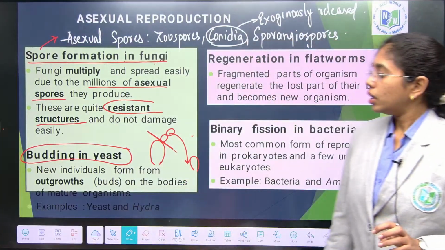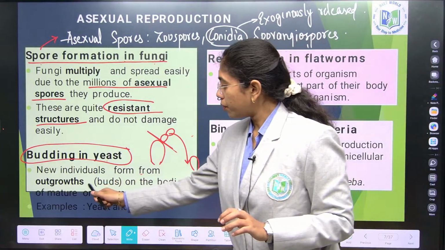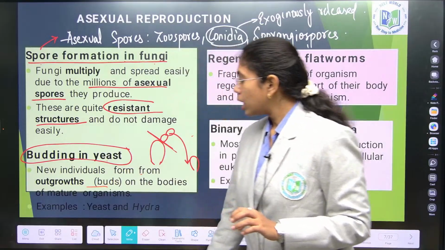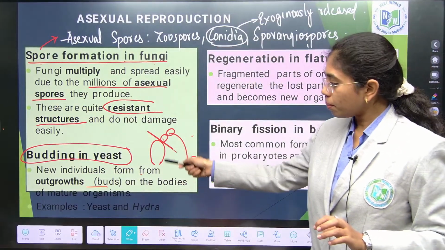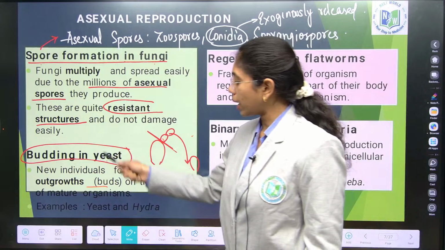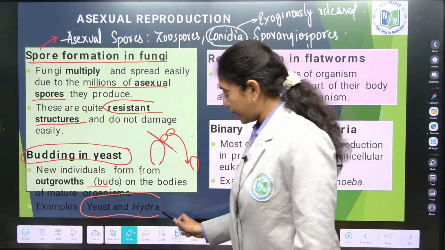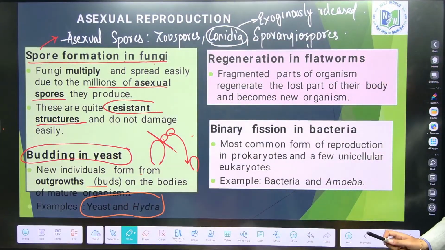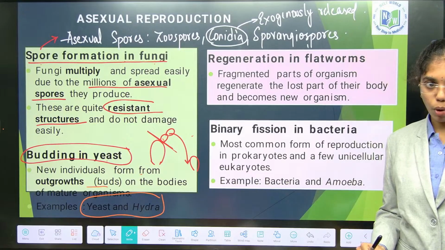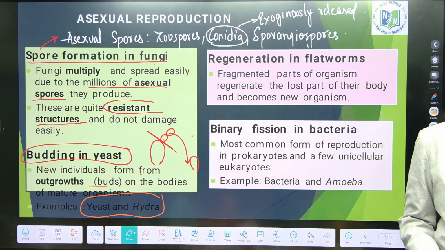Understood, beta? Here you see new individuals form from the outgrowths or buds, the bodies of the mature organism. Examples for budding include yeast and hydra. Next is regeneration of flatworms. Okay, any lost part or any lost segment from its body will be regenerated back.